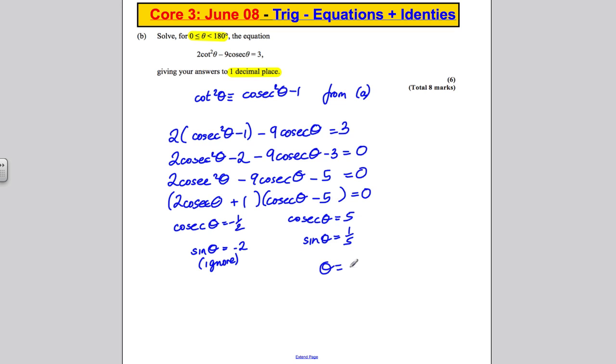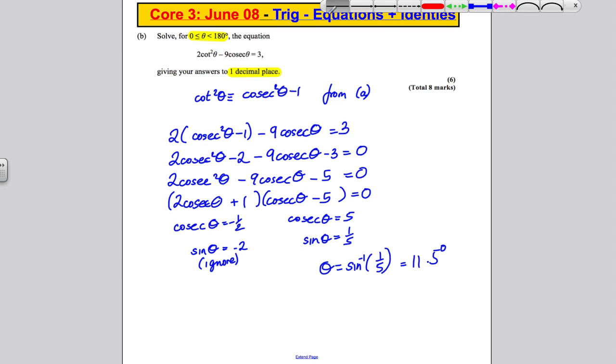So theta must be the inverse sine of 1/5. So type that into your calculator, keeping your calculator in degrees mode, and we get ourselves 11.5 degrees to 1 decimal place.